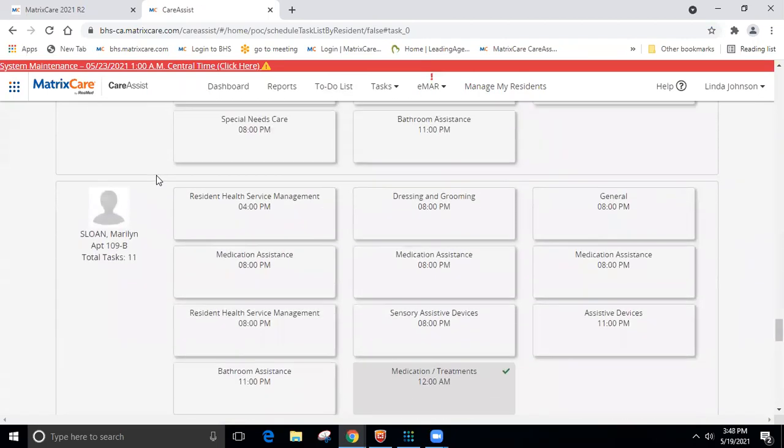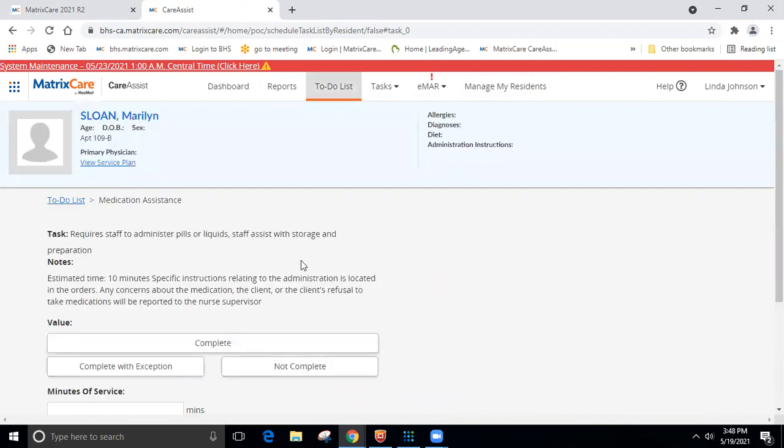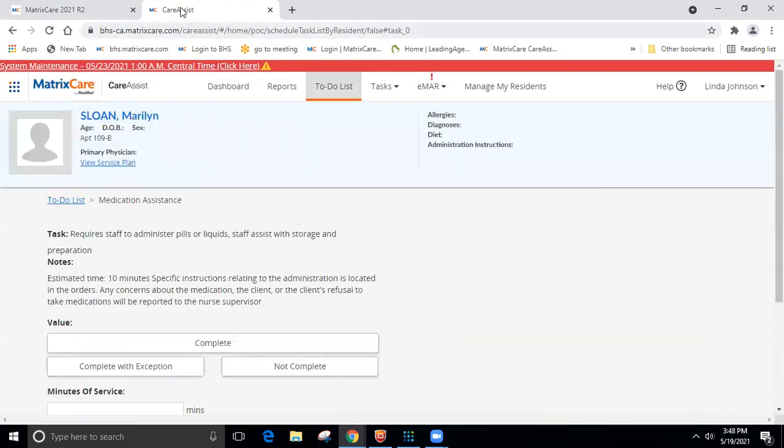So let me go to Marilyn Sloan, and here's all her items that we made today. And you'll see when they click on them, how they see their notes that we put in. And here's their view service plan. And this is that service plan that we did. Oops, just doesn't like me today.